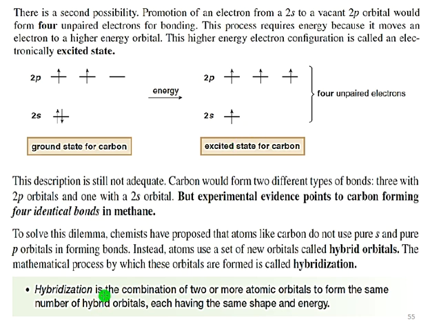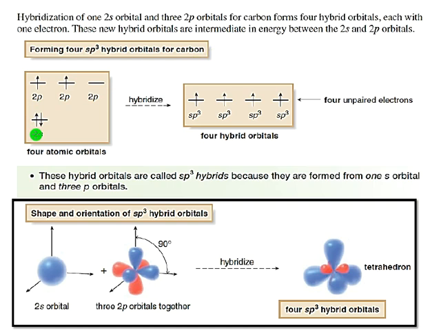Hybridization is the combination of 2 or more atomic orbitals to form the same number of hybrid orbitals, each having the same shape and energy. Look here, an s orbital with 3 p orbitals, upon hybridization, gives you 4 new orbitals equal in energy, and they have the same shape.